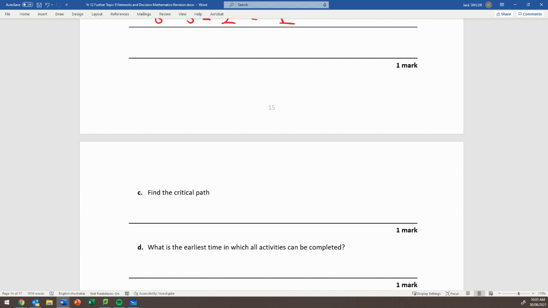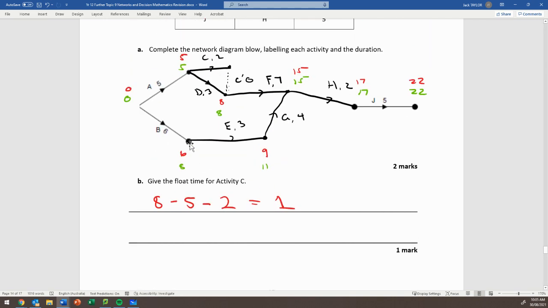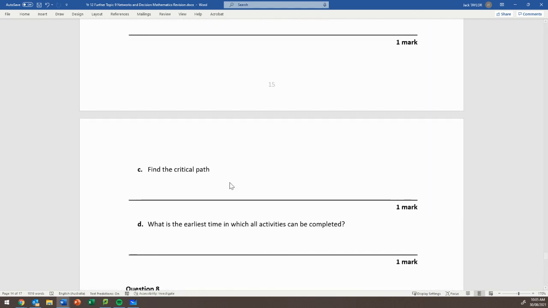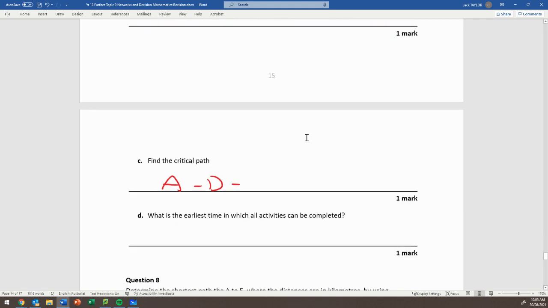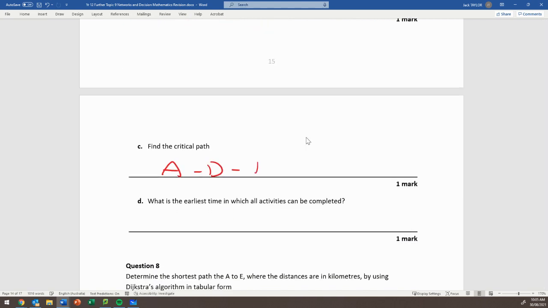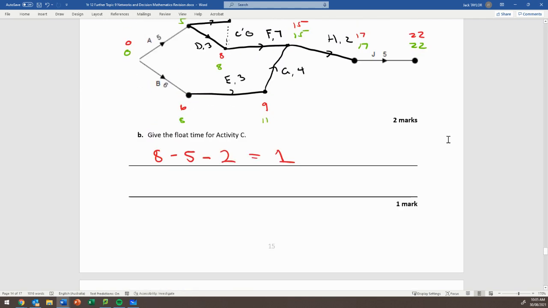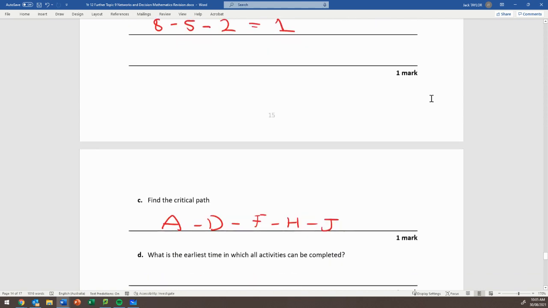Find the critical path. All right, so this one was A, D, F, H, J. And what is the earliest time which all activities can be completed? That's just the earliest completion time, which is 22.